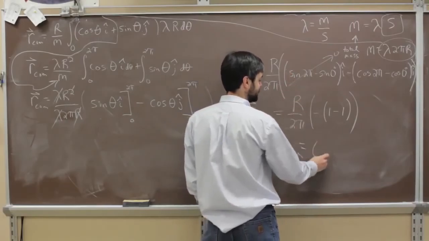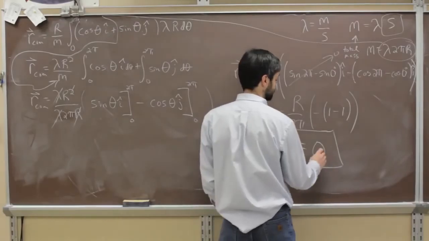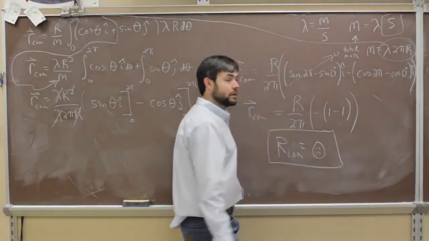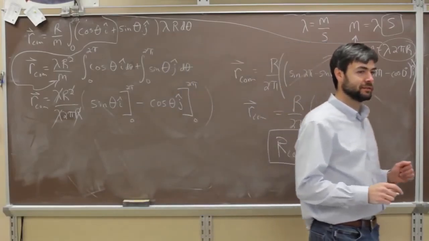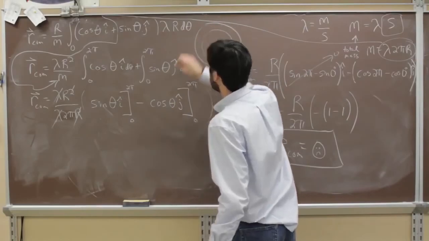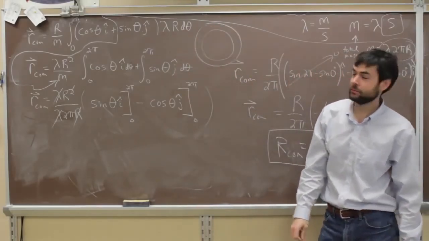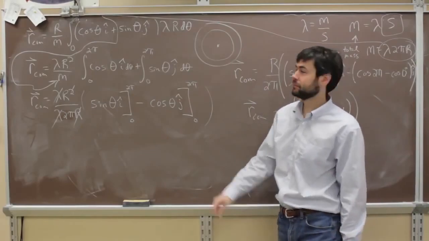So that becomes 0. Wow. Okay, but does it make sense? Look, where is the center of mass of a hoop? It's in the center. Where is 0, 0? It's in the center.